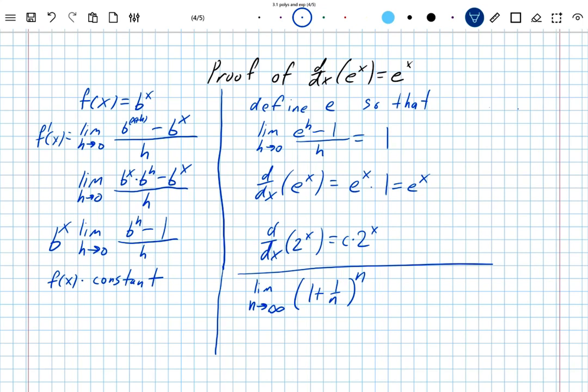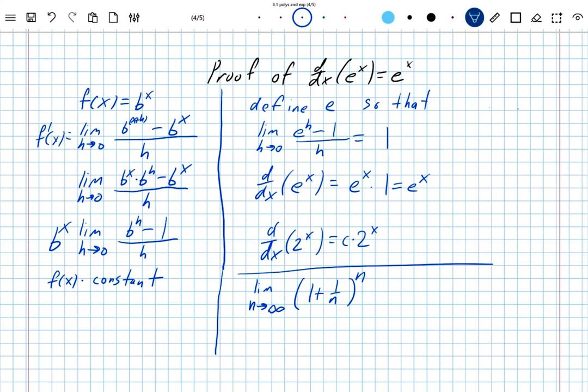So numbers closer and closer to 1 to higher and higher powers, they balance out to reach the number e. This shows up if you're learning about e in terms of compound interest. This looks a lot like a compound interest formula. It turns out these two definitions are in fact the same. And maybe a little later I can get into showing that they are. It's not too hard to show that they are, but it's not super enlightening right now either.